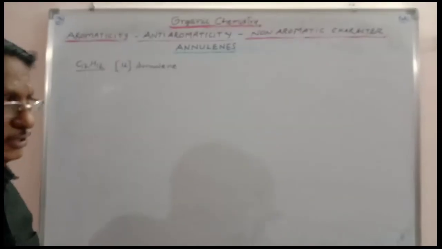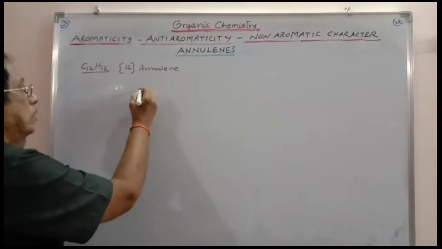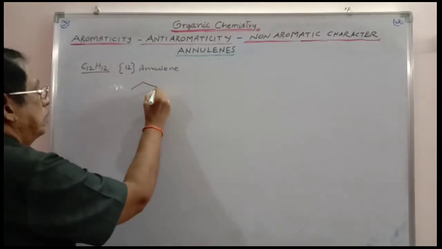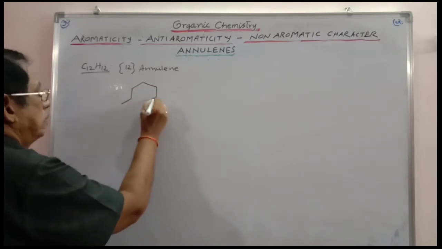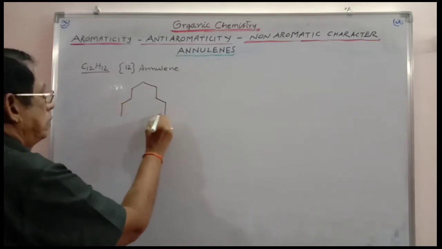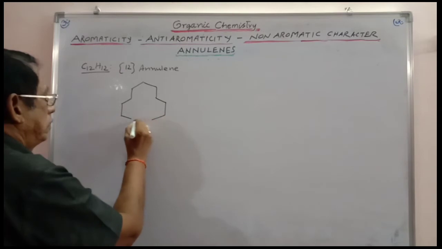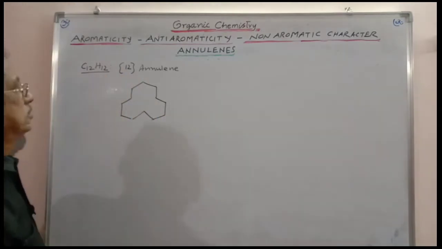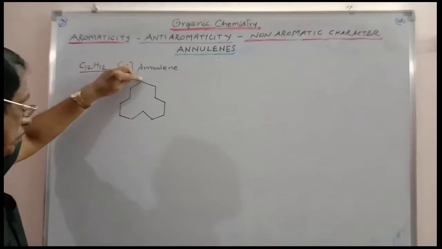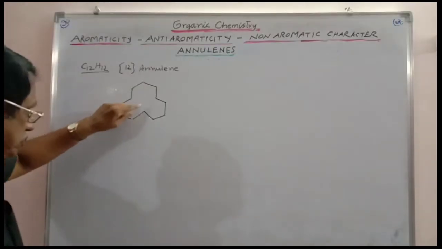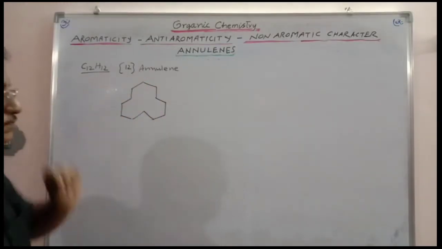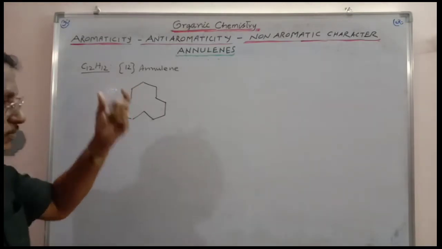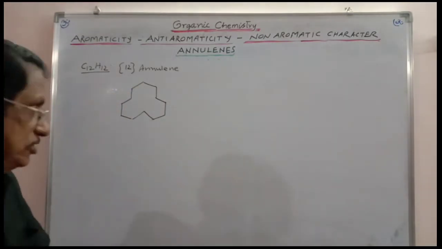Let us check the structure. This is the structural aspect of 12-annulene. 1, 2, 3, 4, 5, 6, 7, 8, 9, 10, 11, 12. This is a 12-annulene cyclic system, a monocyclic system.